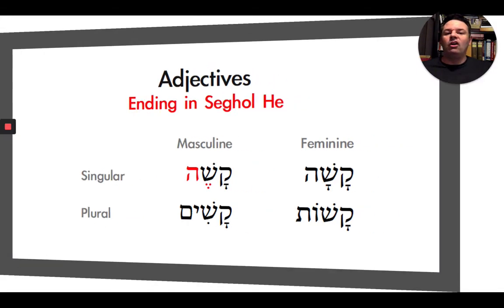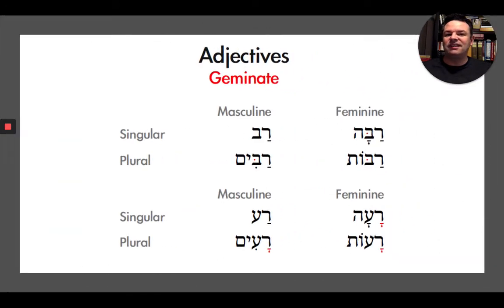All that I'm saying with all of these slides, including this one about the geminates here, is that there are some minor spelling differences depending on what the root of the word is. So if you remember, we talked about geminates, and the root is where in the original root, it's doubled. So this would be like resh, bet, right? Ravav is kind of like the original word. In the masculine, though, that it's just dropped off, rav, but it's going to come back in the form of a dagesh forte: rava, ravim, ravot. So you see that dagesh forte in that middle position there, in that middle radical, in the bet right there.